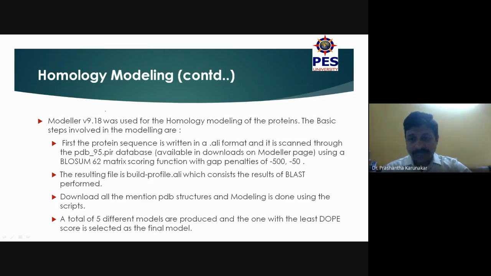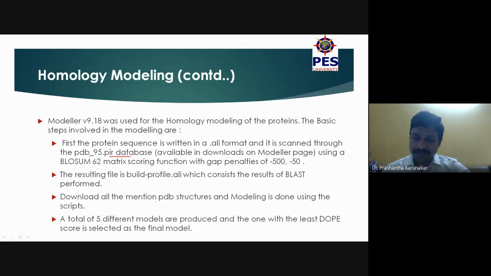Modeller version 9.18 was used, and then we created this PIR database, and then we used the BLOSUM62 matrix. We put the gap penalty at -500, -50 to get the closely related sequences. Then again the BLAST search. So it's a tedious process that we followed to get the final model.